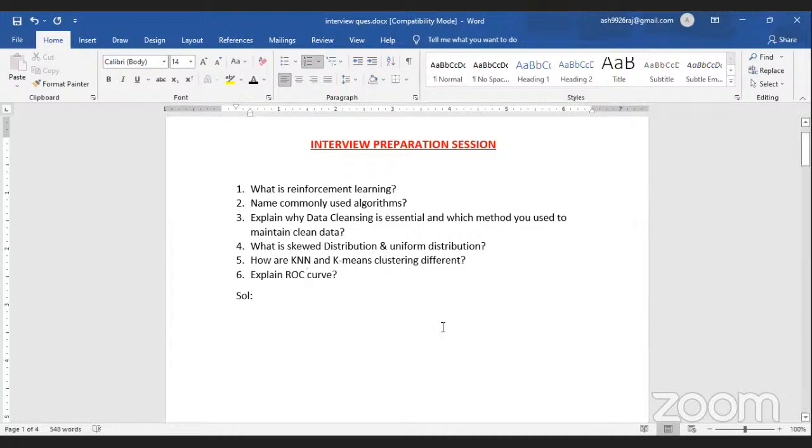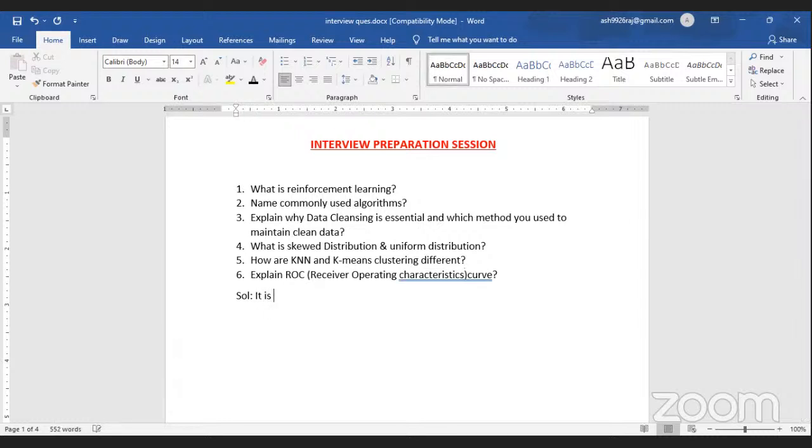ROC means, guys, let me write the full form. Receiver operating characteristics.